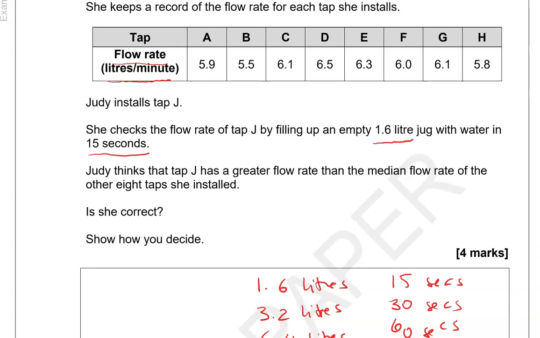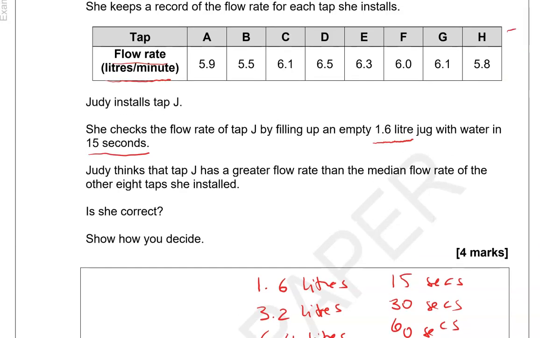So if we put J here, there will be 6.4. We're going to compare this now to the median flow rate of the other 8 taps. The median we work out by putting them in order and then finding the middle number.